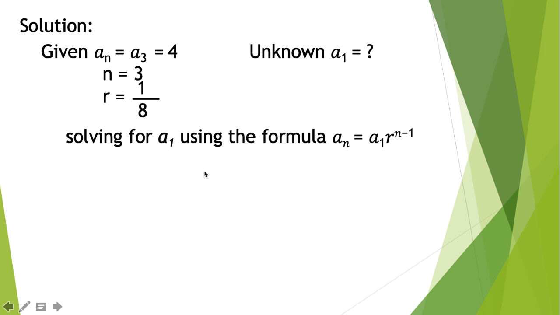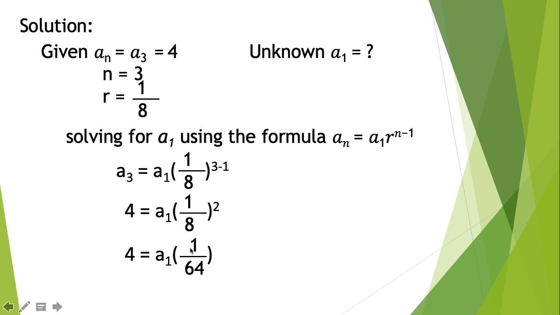Then, let's substitute those values we have in our given. So, we have a sub 3 is equal to a sub 1 times 1 over 8 to the power of 3 minus 1. Now, we know already the value of a sub 3, which is equal to 4. And when we subtract 3 minus 1, we get 2. Now, let us solve 1 over 8 to the power of 2, which is equivalent to 1 over 64.